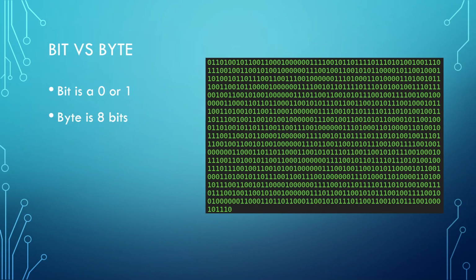So 1, 2, 3, 4, 5, 6, 7, 8 different combinations. And the simple way to figure this out is it's 2 to the number of spaces you have. If you have one space, 2 to the 1 is 2. We have two spaces, 2 to the 2, 4. Three spaces, 2 to the 3. That's 2 times 2 times 2, which gets us 8. Right?